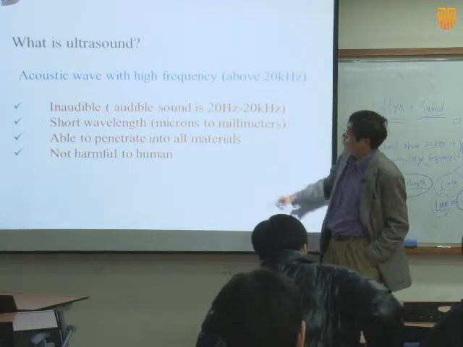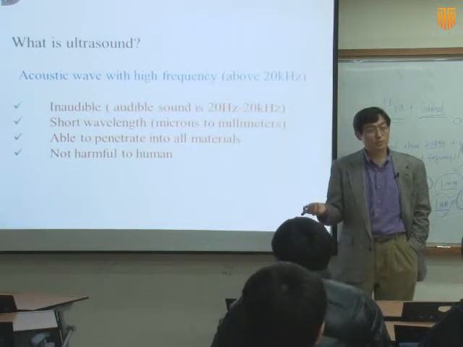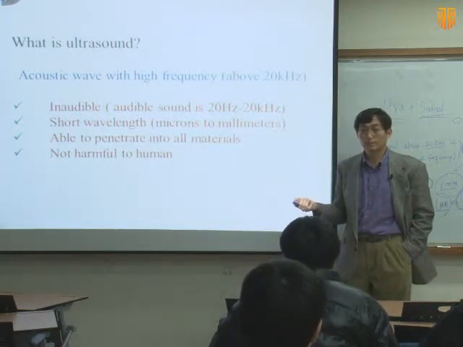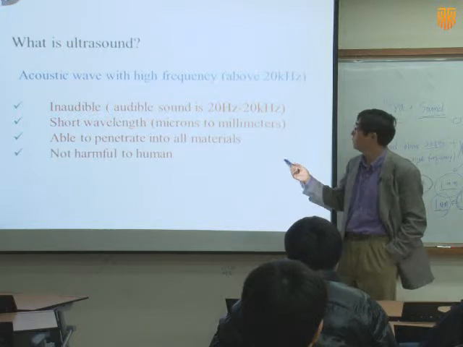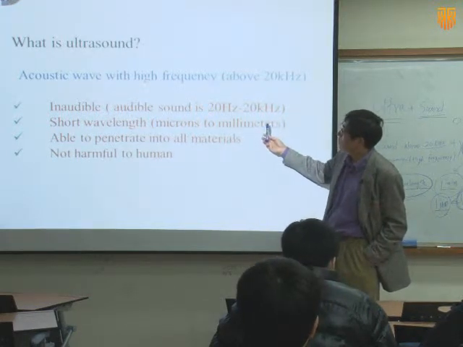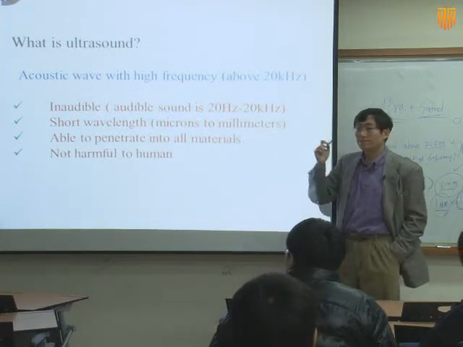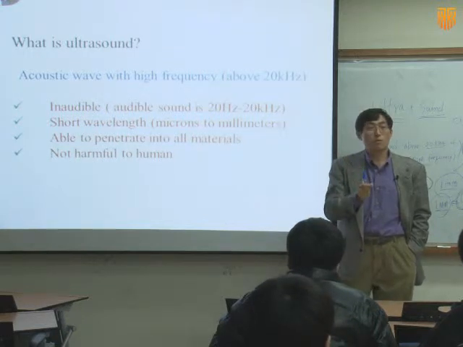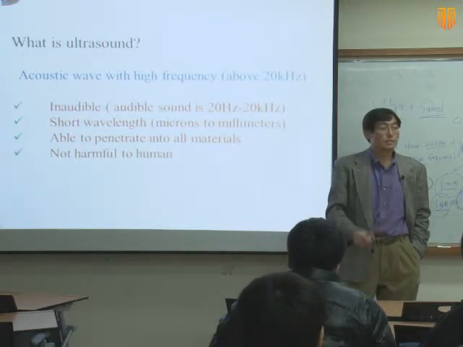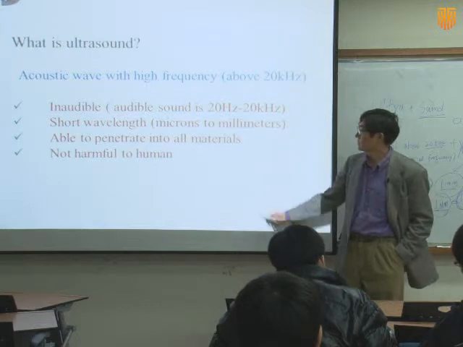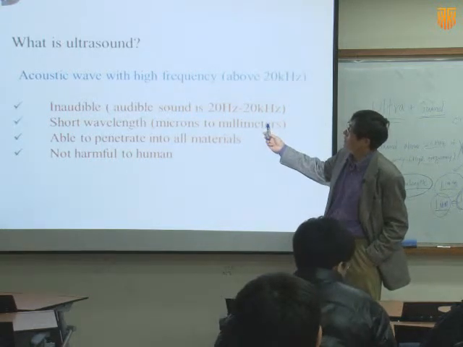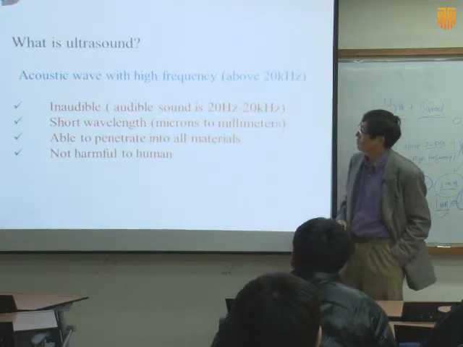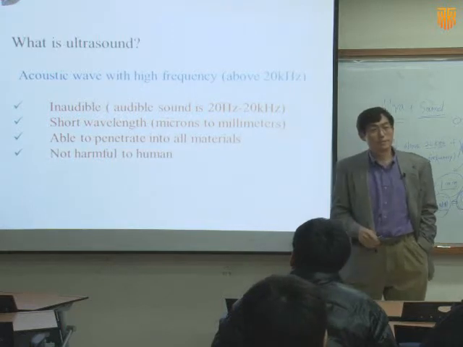And also it has short wavelengths compared to regular sound. Regular sound has a few centimeter wavelengths, but ultrasound is smaller. So it means you can find small defects, small things, small structures in the materials. This is another good thing about ultrasound. Another one is that it is inaudible.